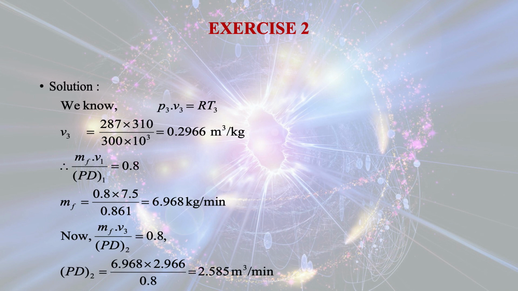Now mf v3 divided by Pd2 is equal to 0.8, so piston displacement at 2 is equal to 6.968 multiplied by 2.966 divided by 0.8, that comes out to be 2.585 meter cube per minute.